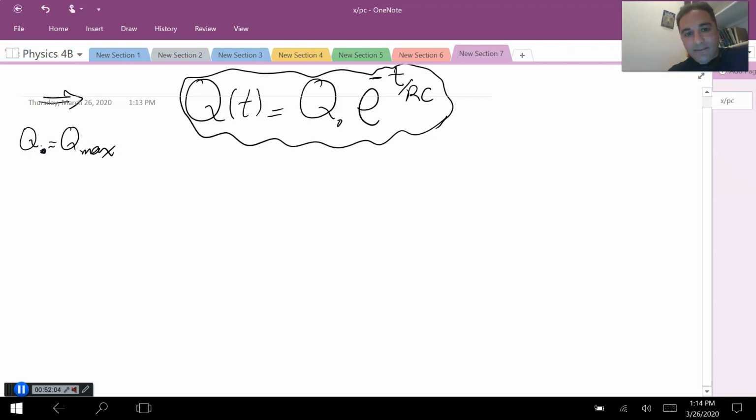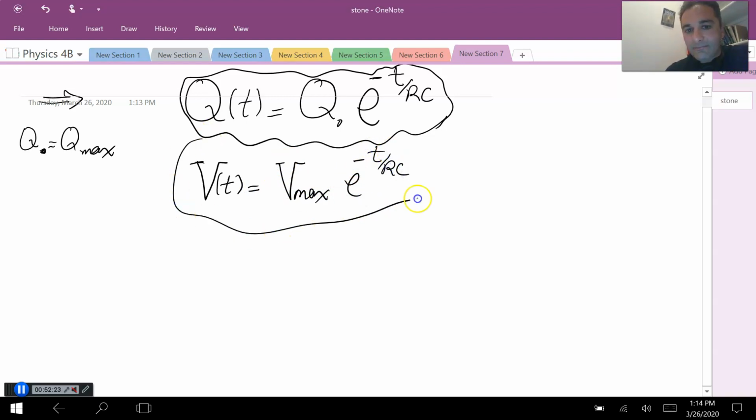If I do it for voltage, V of t becomes what? V max e to the negative t over RC. If I do it for current, it becomes what?